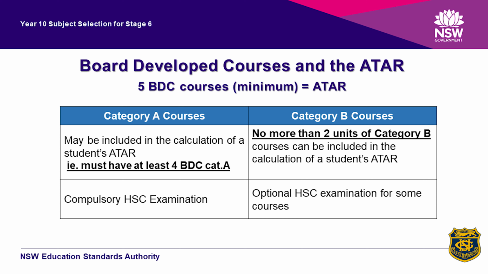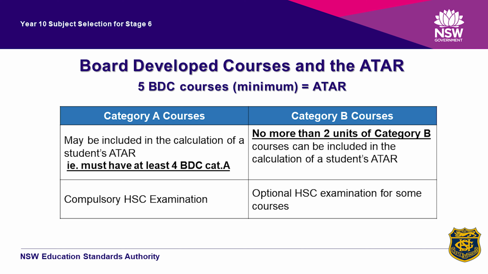They also determine if a course can be included in the calculation of the ATAR. Board-developed courses are divided into two categories. Category A courses have academic rigour and depth of knowledge to provide background for tertiary studies.